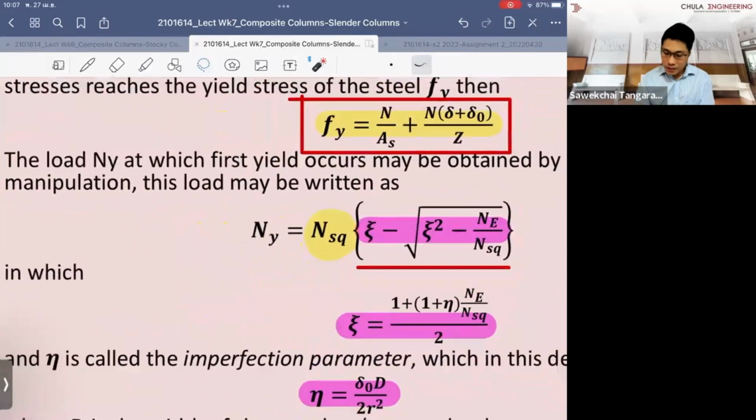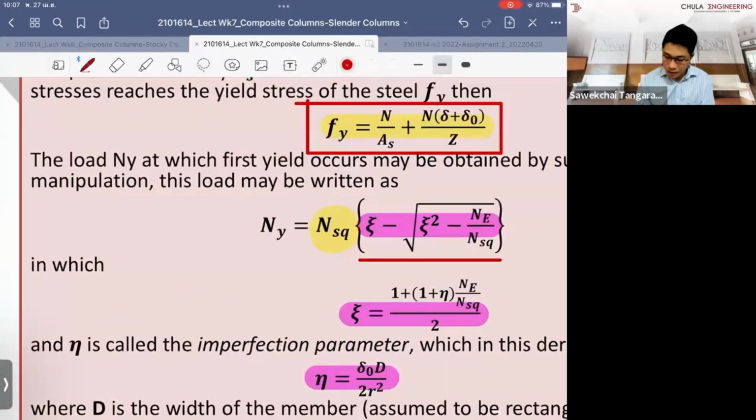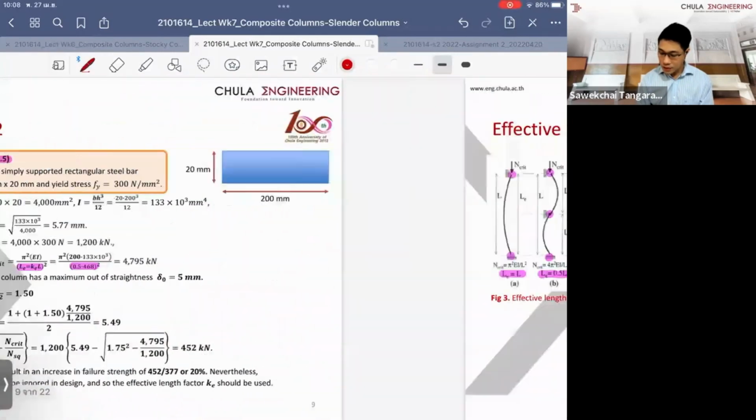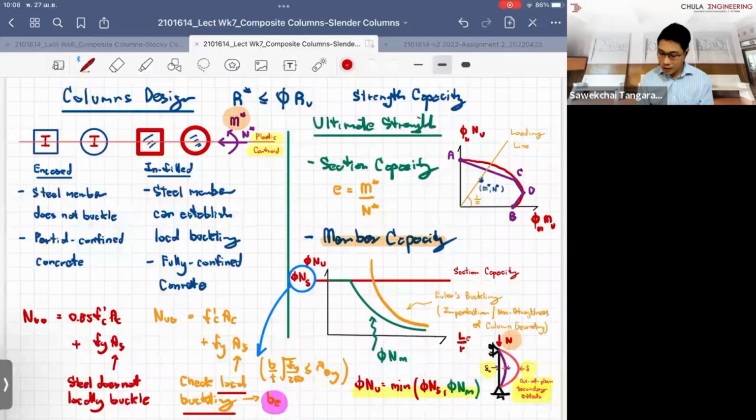What it means is that the column will not fail if the slenderness of the member, which is the L over r, does not have a value that is so high, so it doesn't go above the limit for the slenderness ratio. So we can take it as a full squash load. How is it involved with these diagrams? Sorry, let me come back to this diagram again.